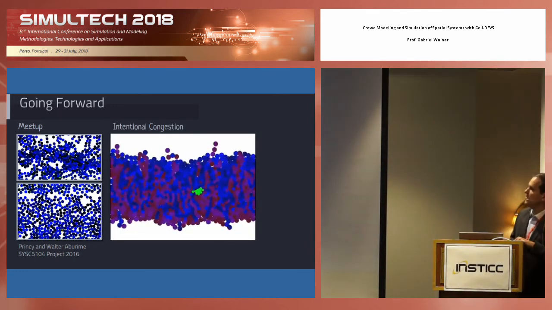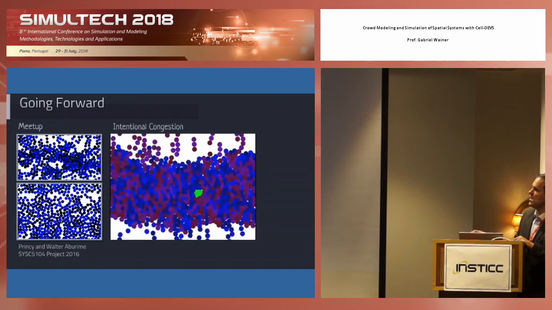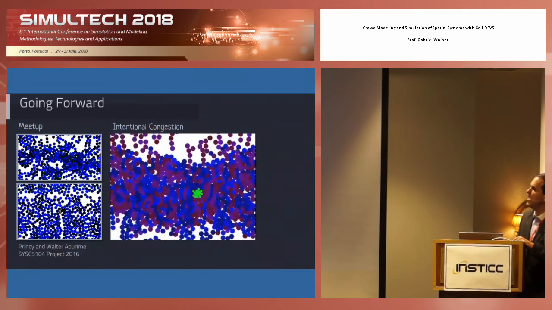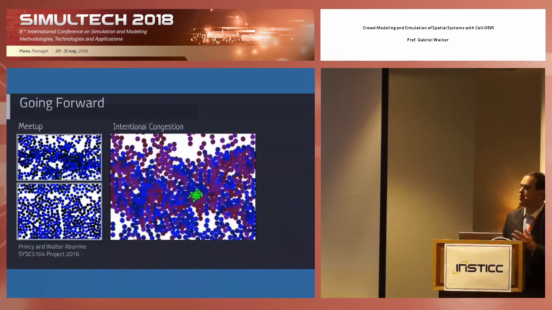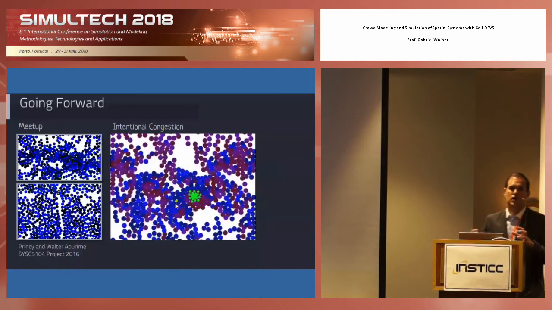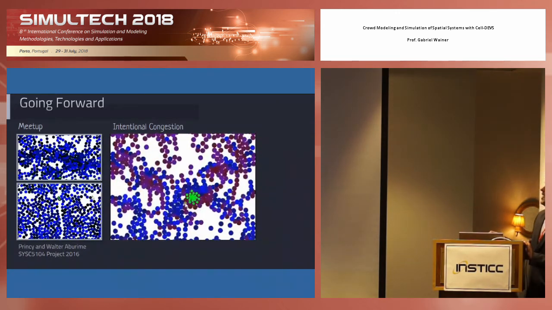And a second thing that we're exploring is intentional congestion. There's a group of people here that are not going to move, and they're going to create congestion in the area. We have been doing comparisons between a model with the intentional congestion and the same one without congestion.